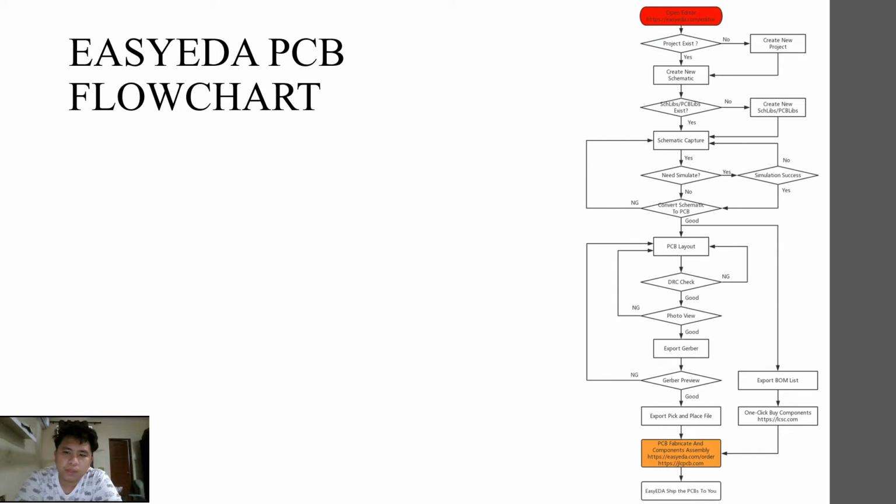After that we go to PCB layout, then DRC check. DRC check is to check whether the wiring of the circuit is correct or not, and then we go to photo view to check whether the circuit in the PCB is good or not.